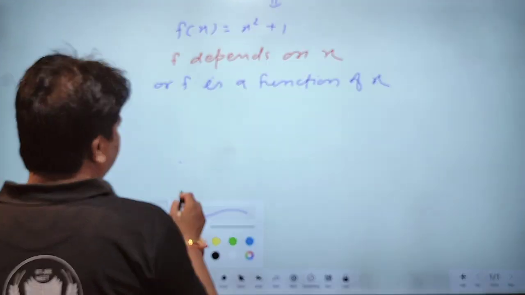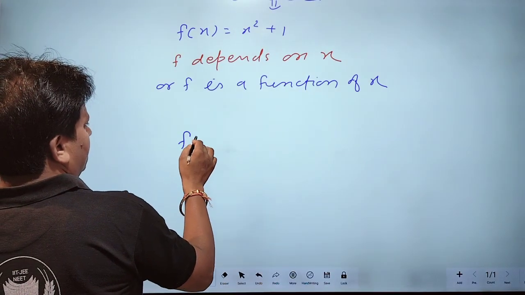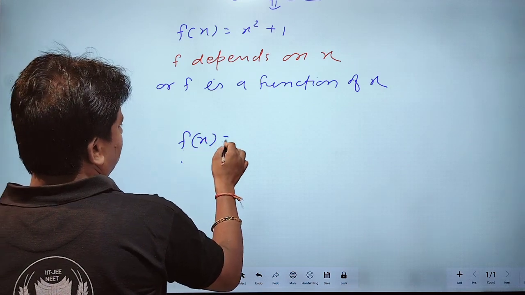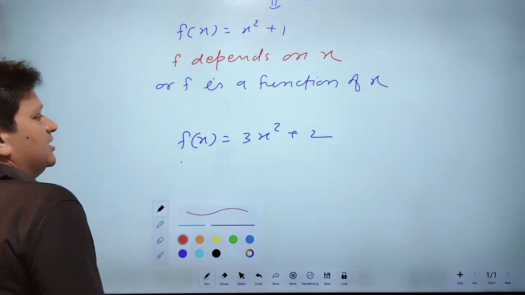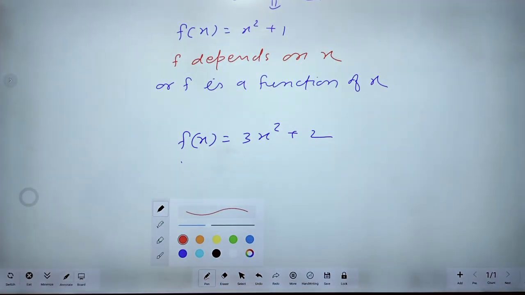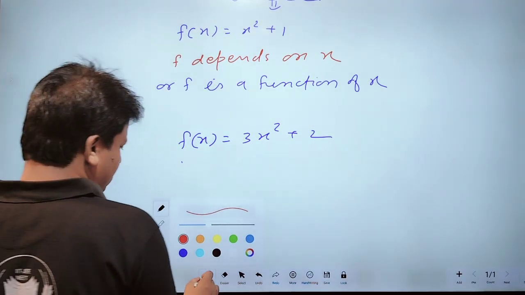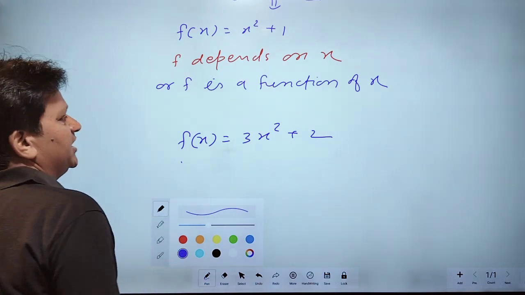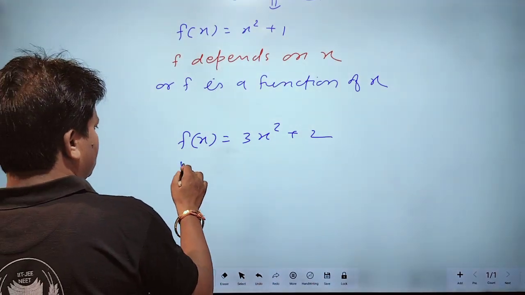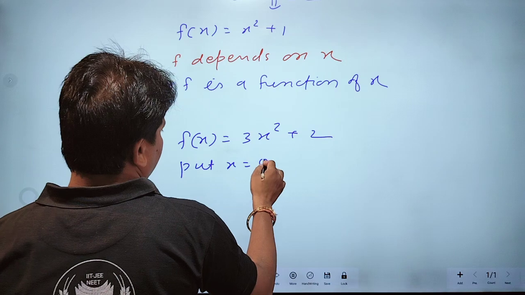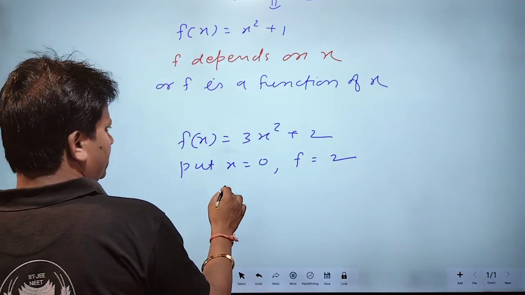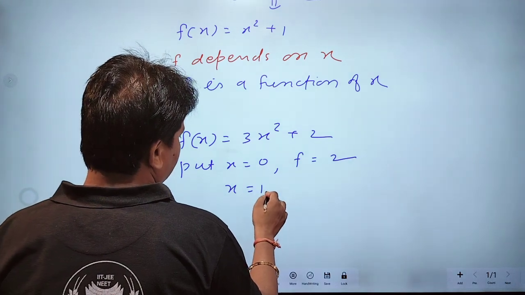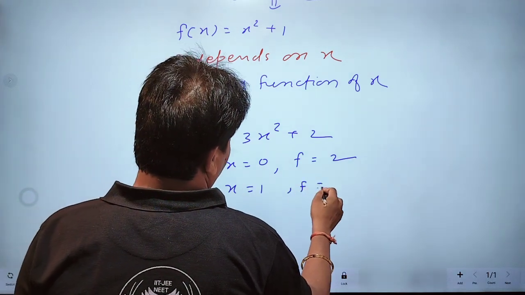Suppose second example, f(x) is equal to 3x square plus 2. This means that if you change x, then f also changes. If you put x is equal to 0, f is equal to 2. If you put x is equal to 1, f will be equal to 5.